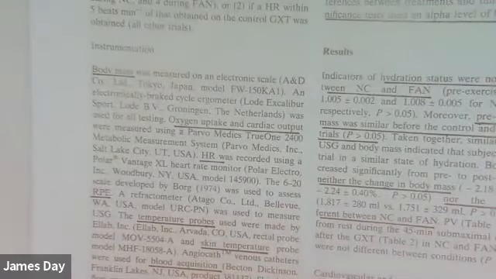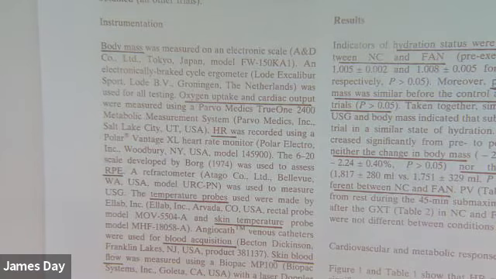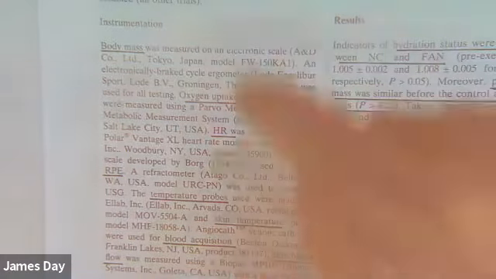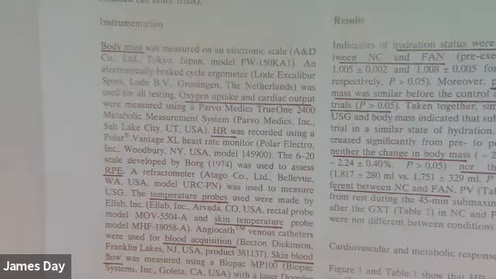Because in each method's description, you're required to report specifically what you used to collect each measure. So all of these measures are described on how they were collected up above.